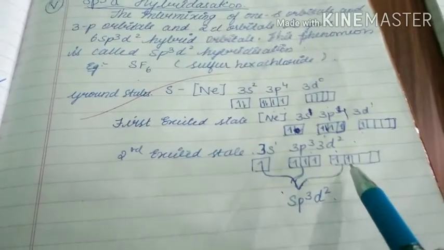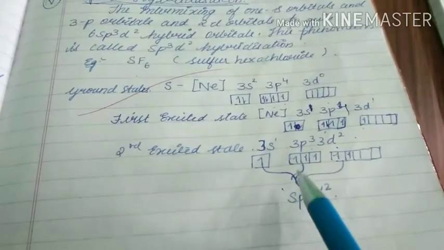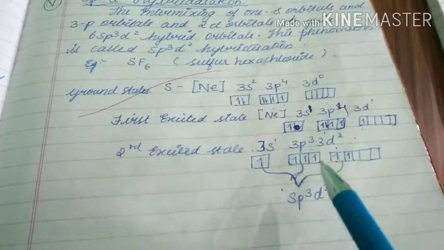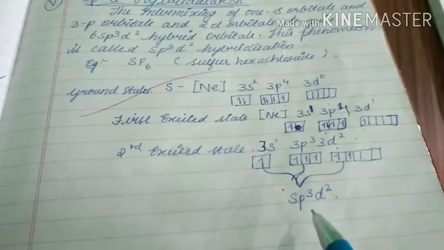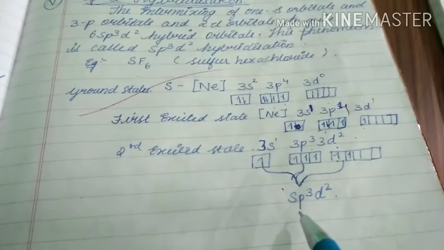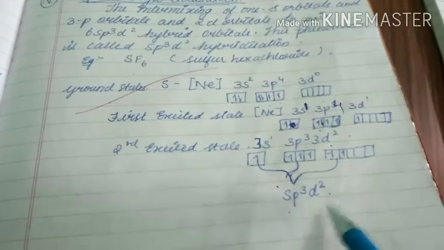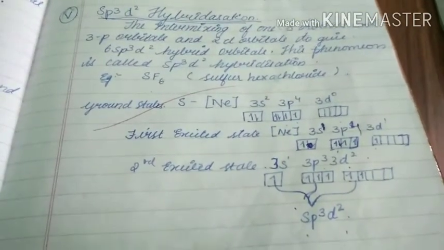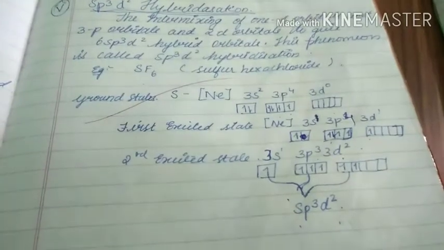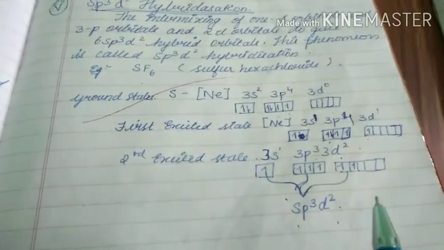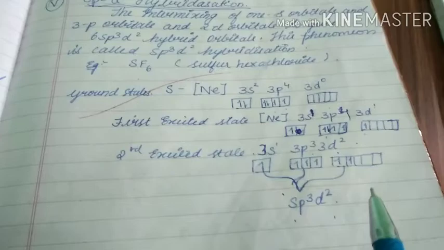Now these 6 unpaired electrons which are present in orbitals undergo intermixing and form hybrid orbitals. Those are represented by Sp3d2. After forming hybrid orbitals from intermixing atomic orbitals, they arrange octahedrally around the central atom like this.